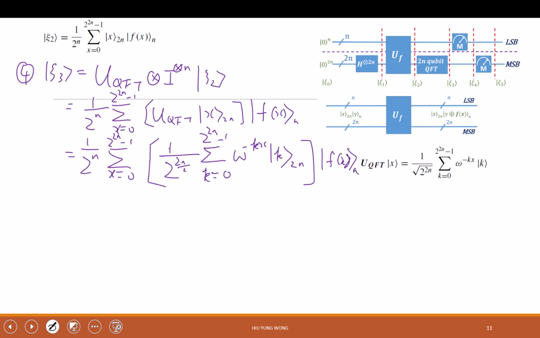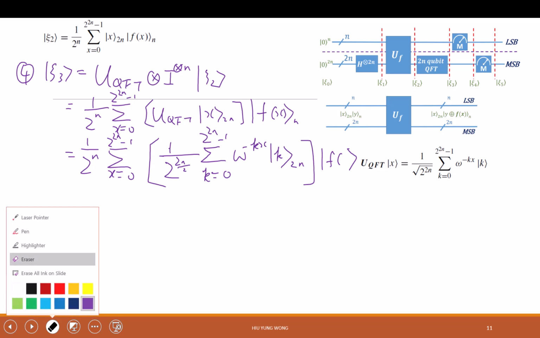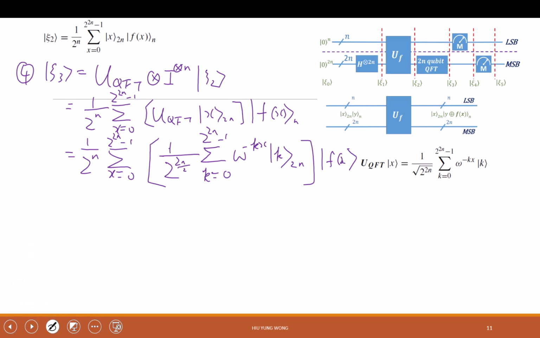So actually it is here. Quantum Fourier transform. This is the equation we learned earlier. Do you remember it was a summation of every state, and every state is weighted by omega to the power minus ij, right?